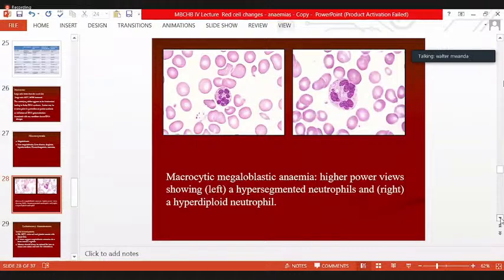Now, there is, on the other side, an abnormal neutrophil with not only several segments, but also the nucleus is very big, the cell itself is very big, the granules are relatively reduced, although that may not be very obvious here.